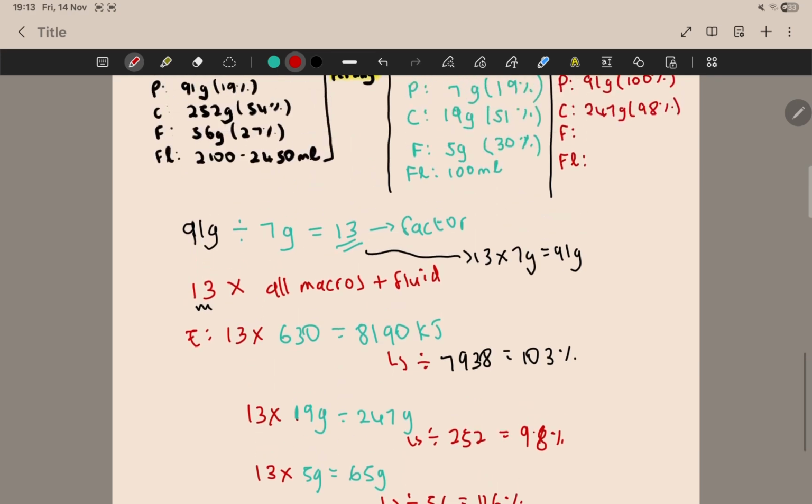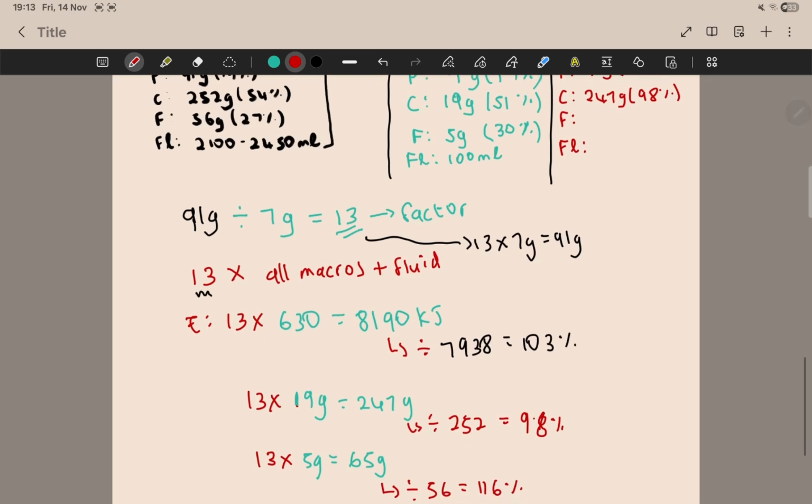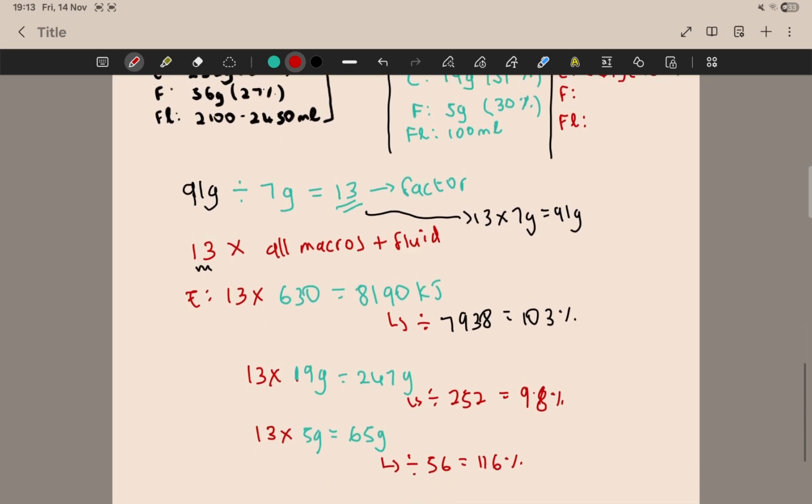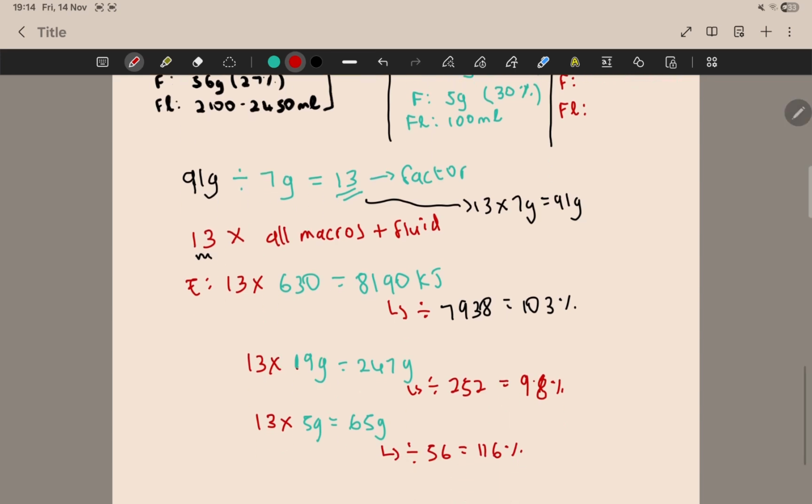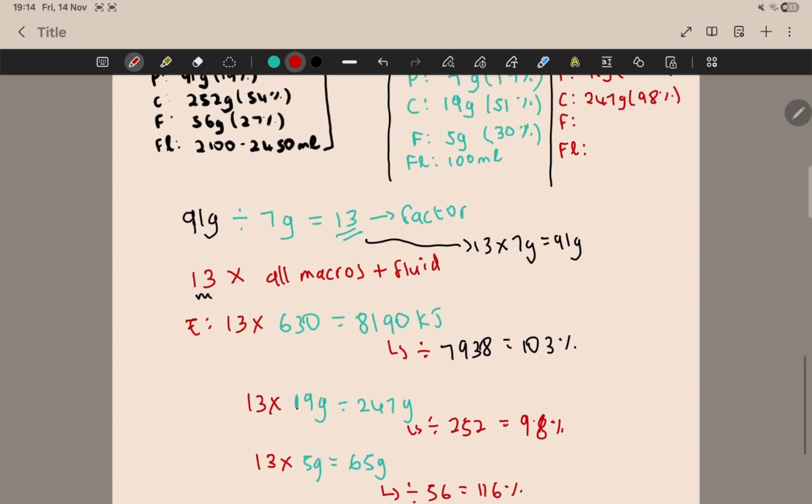So here we notice that the fat is a little bit over our 90 to 110% range, but it's not that high, so it might still be acceptable. Obviously, make sure that you monitor your patient's condition and their biochemistry, as well as the tolerance.